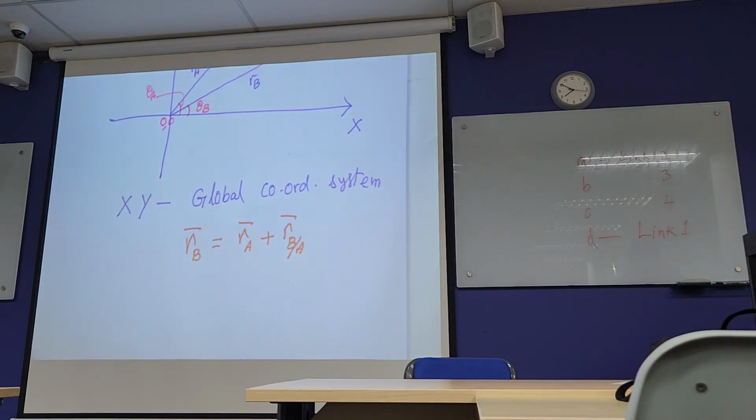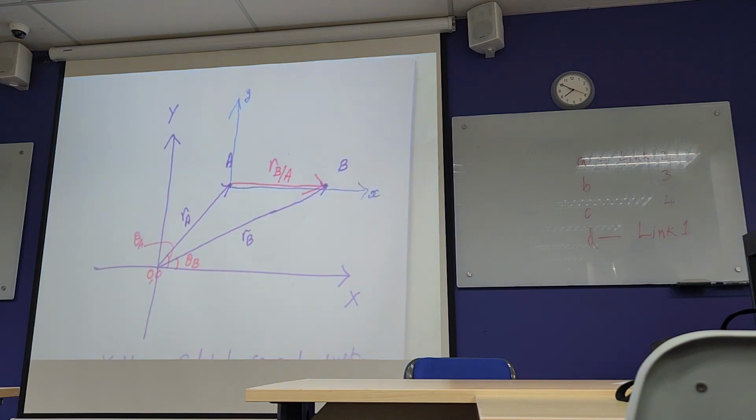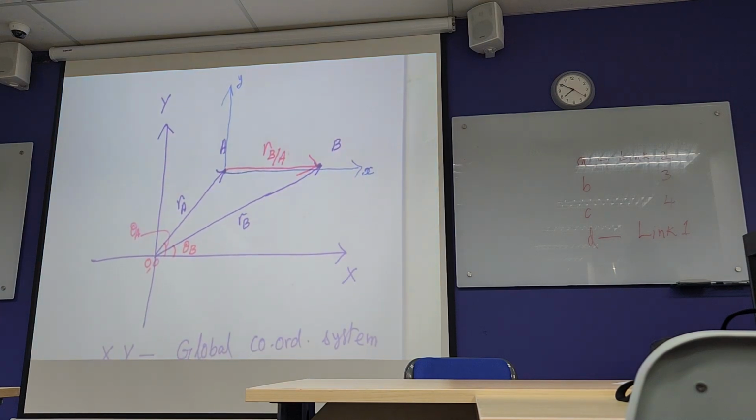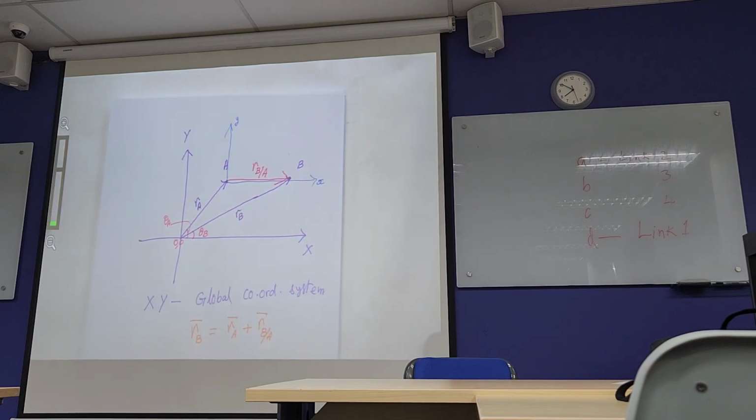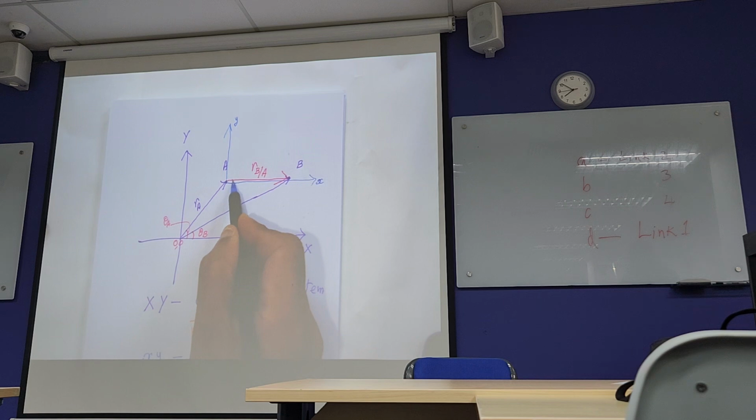Sorry, you can't see. So here the small x, y is called the local coordinate axis. With respect to the local coordinate, I can measure the orientation here.